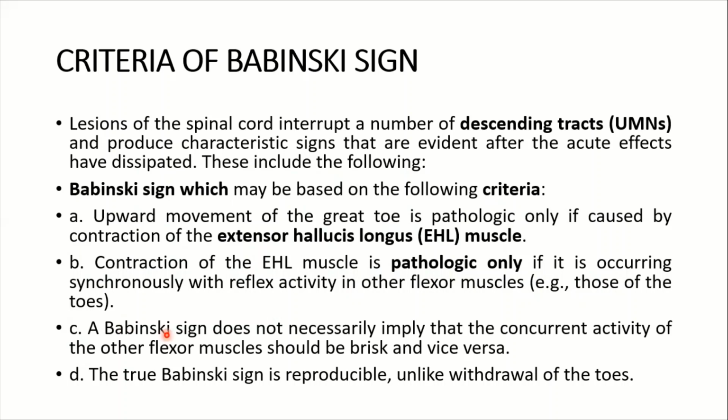And third, a Babinski sign does not necessarily imply that the concurrent activity of the other flexor muscles should be brisk, and vice versa. And the last criterion is that the true Babinski sign is reproducible, unlike withdrawal of the toes, right? You can always produce that sign whenever there is an upper motor neuron lesion.